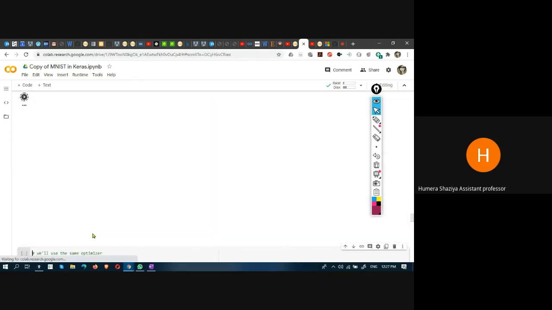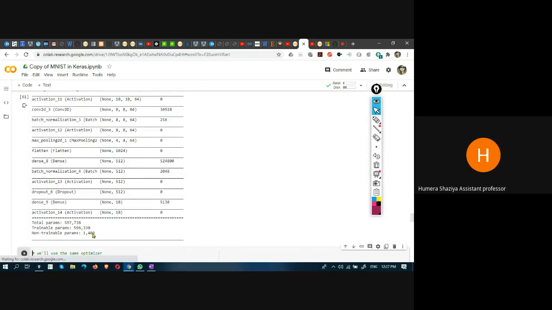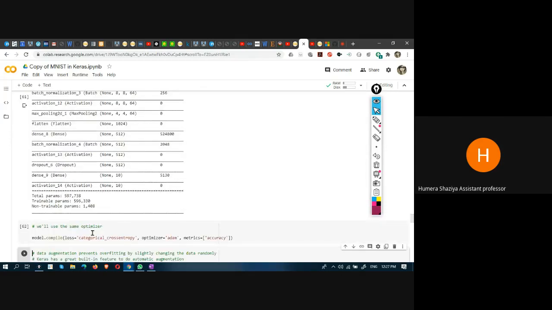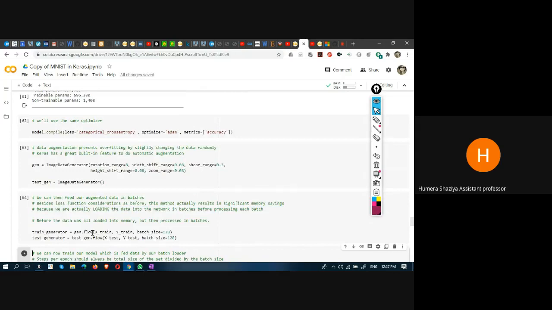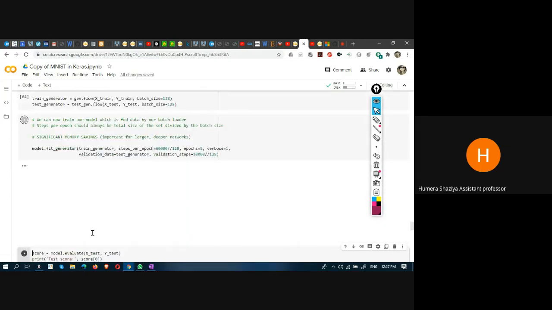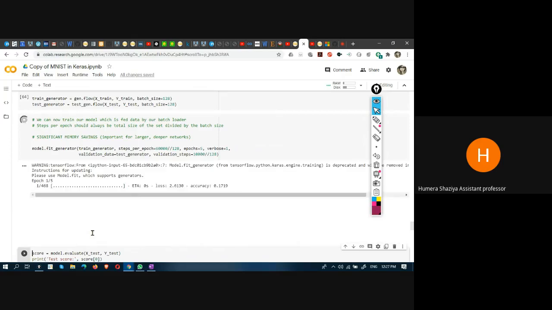This is the model. Then this is compilation of the model. This is the generation of data to avoid overfitting. This is also generation of the data. This is training of the model.